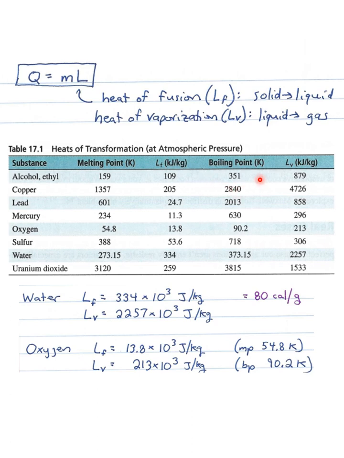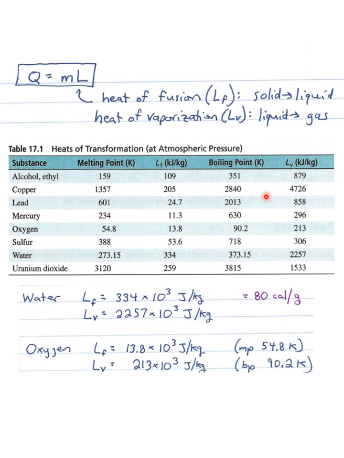The boiling point is 351 Kelvin. The heat of vaporization is 879. So if you're going to boil it, assuming it's already at its boiling point of 351 Kelvin, to boil away that 1 kilogram, you need to put in 879 kilojoules or 879,000 joules of heat.